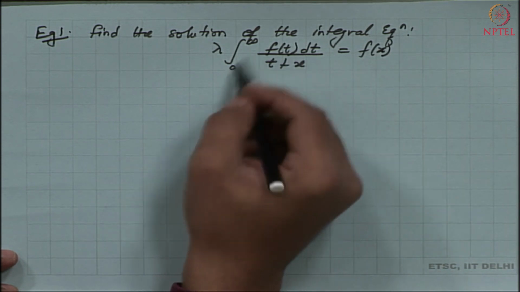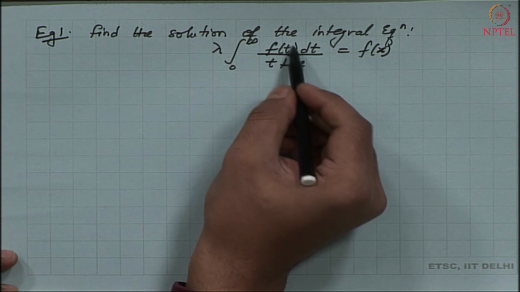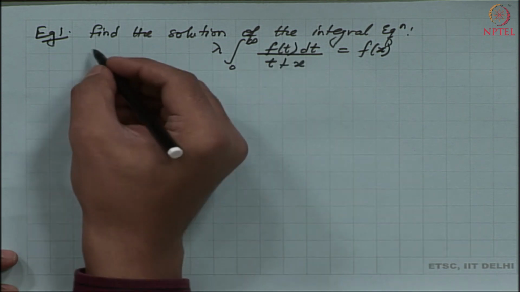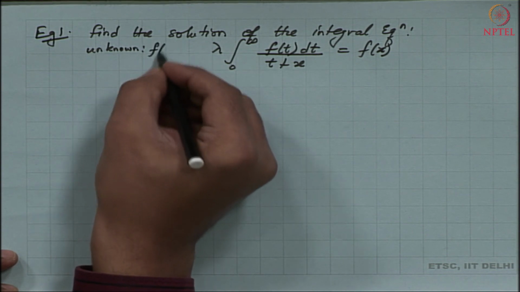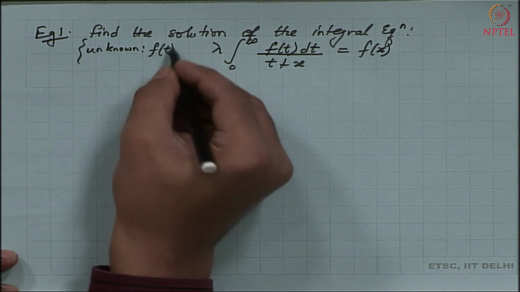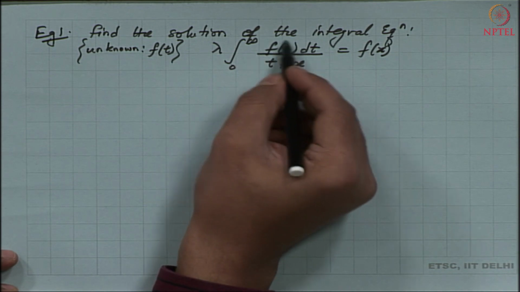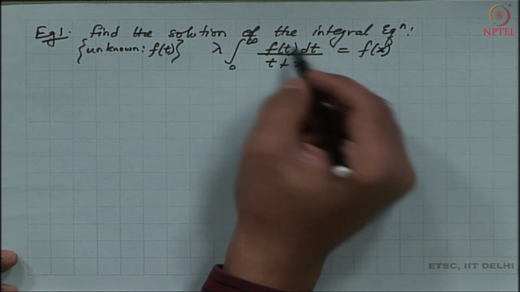So, I need to solve this. We see that the unknown of the problem is the function f. So, the unknown is my function f of t, and I see that f appears inside the integral and outside as well. So, we need to solve this.